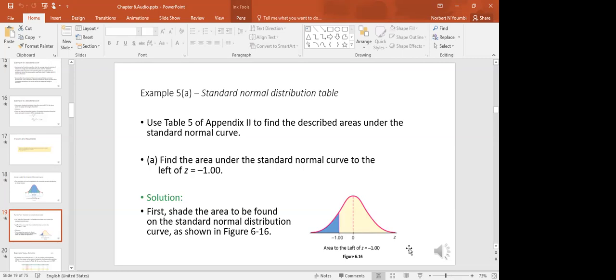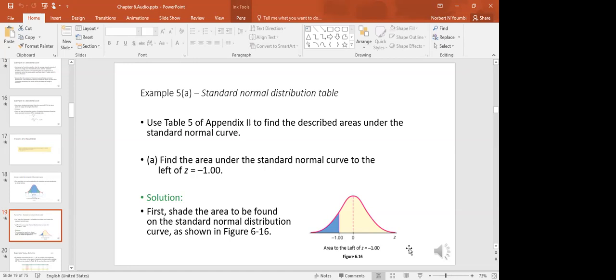So now we are going to work on finding the probability that a z-score is within a certain range. The standard distribution that you have only gives you the cumulative distribution.